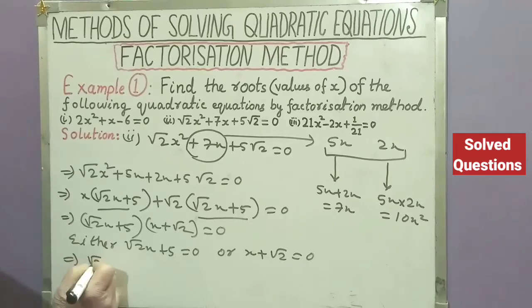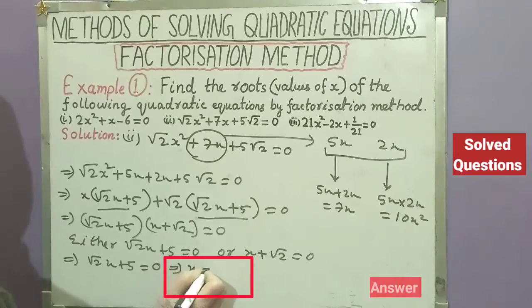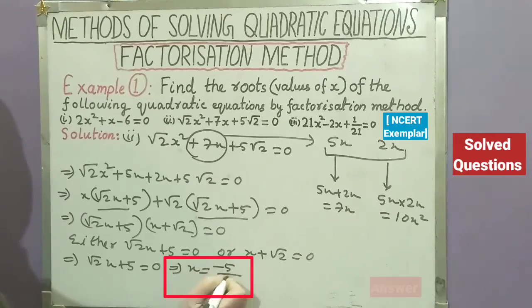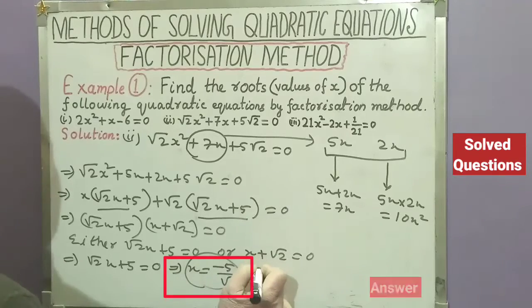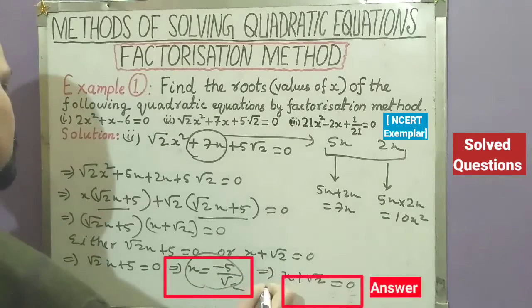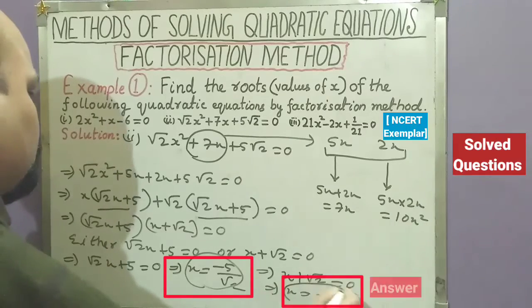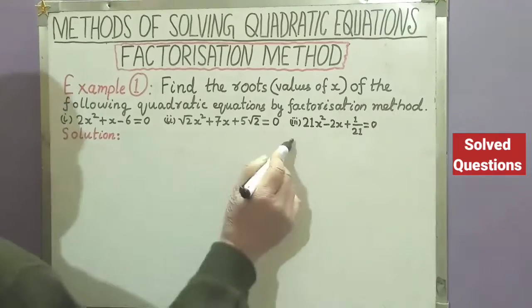That implies √2x + 5 = 0, so x = −5/√2, that is one value of x. Then the other, x + √2 = 0, implies x = −√2, the other value of x.